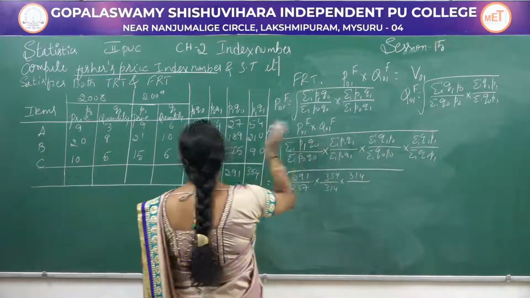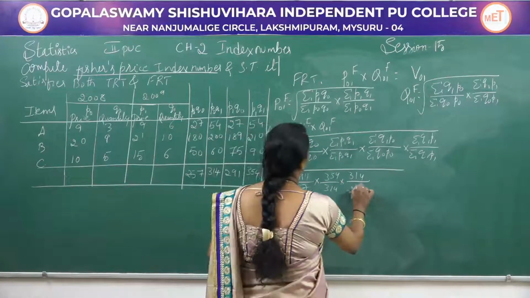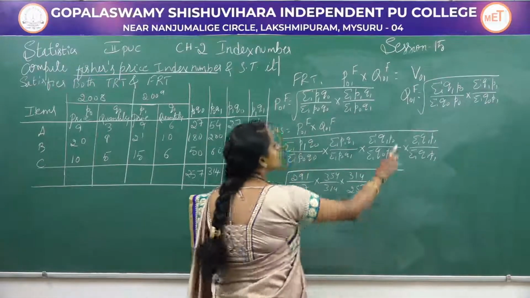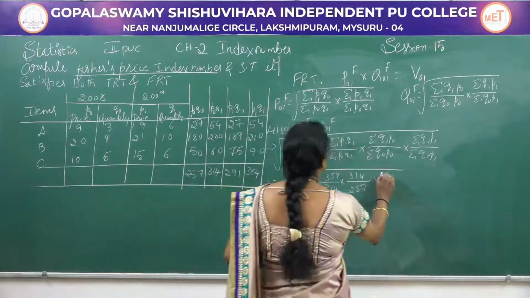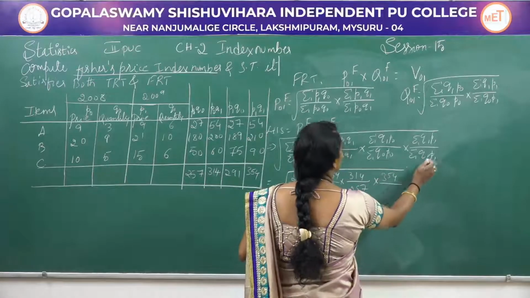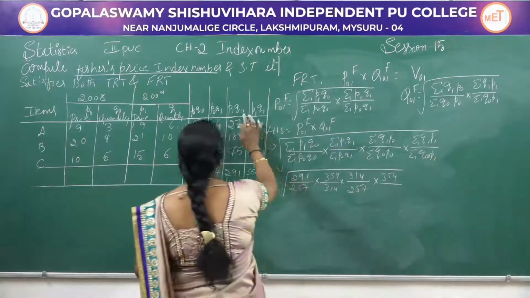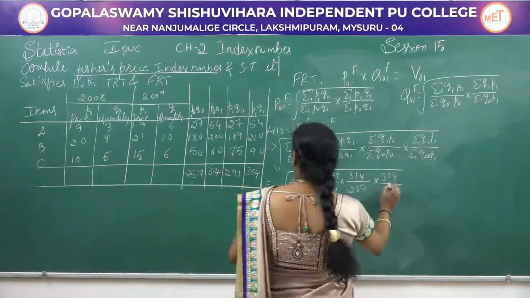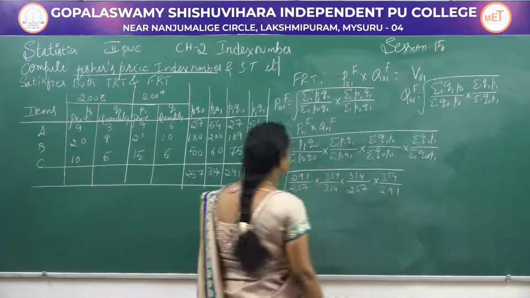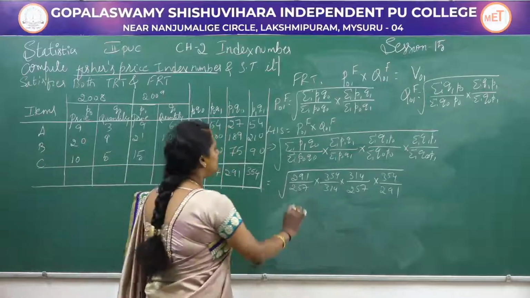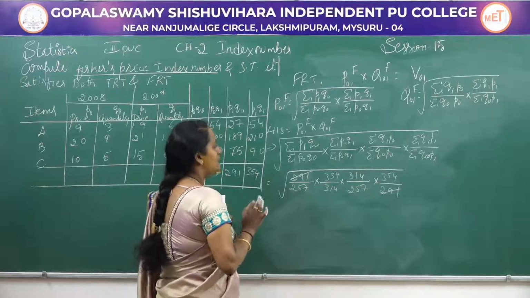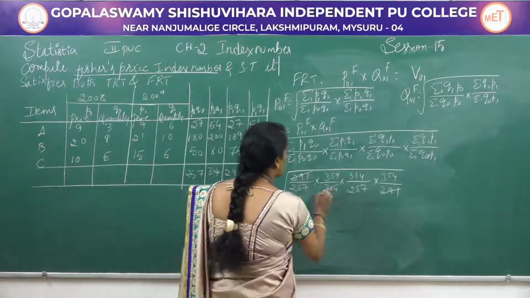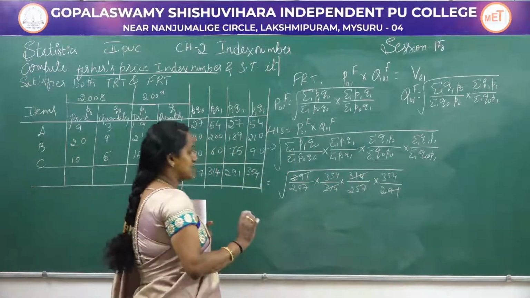P0 Q0 is nothing but Q0 P0. It is 257 into Q1 P1 is same as P1 Q1. It is 354. And P0 Q1 is same as P1 Q0. I will write 291. Now you have to cancel. 291 will get cancelled. Then 314, 314 will get cancelled.